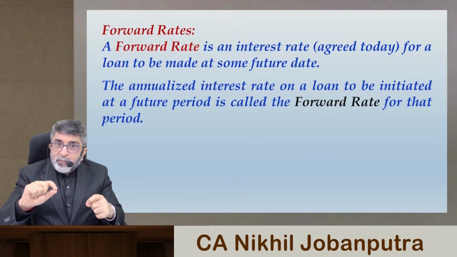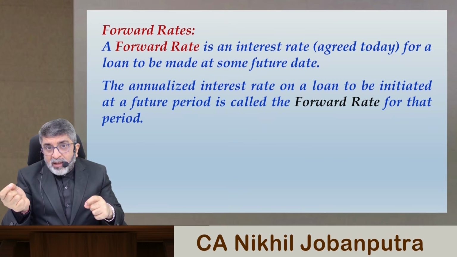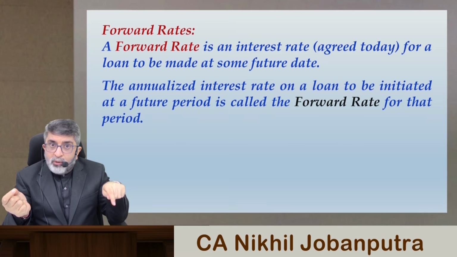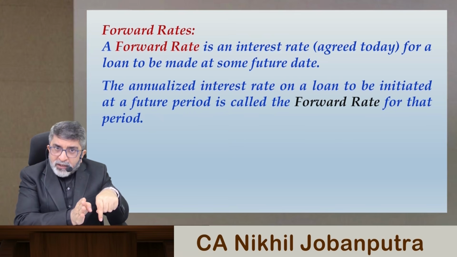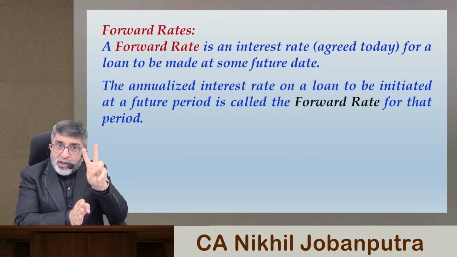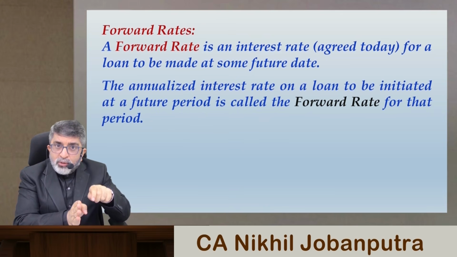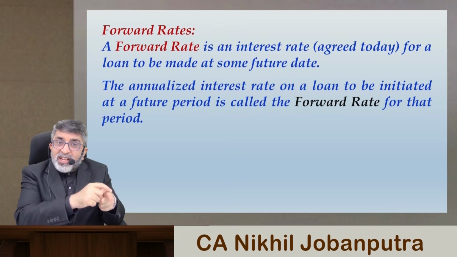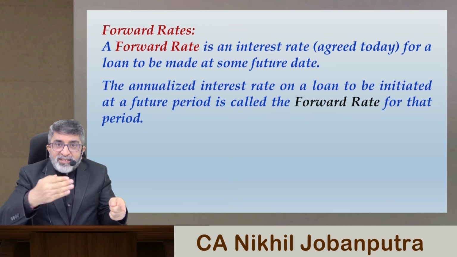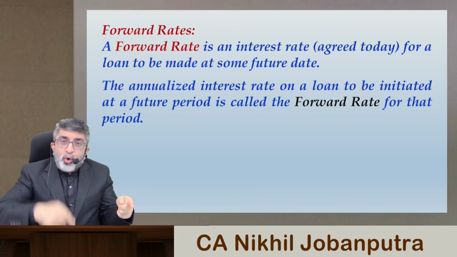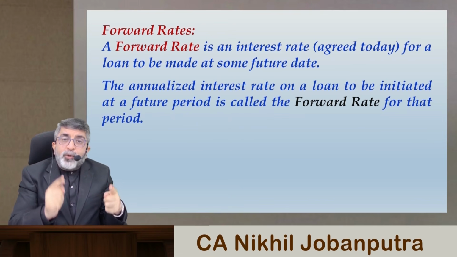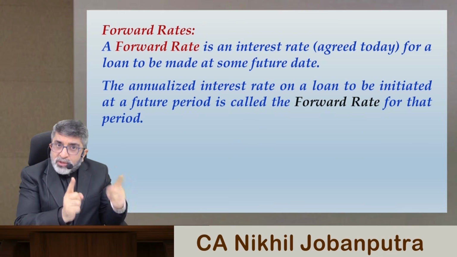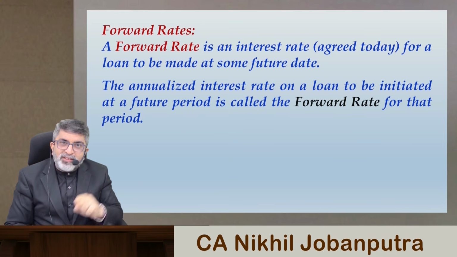That means the loan will terminate at the 3rd year from now. Why did I say 3rd year from now? Because the loan will initiate after 1 year and will be for a period of 2 years. So 1 plus 2, the loan will terminate at 3 years from now. So the loan will start at 1 year from now and terminate at 3 years from now. So the loan will be from the period 1 to 3, that will be for 2 years.